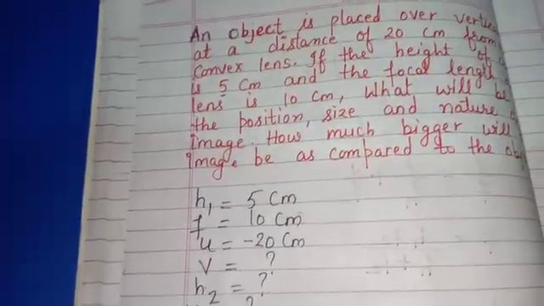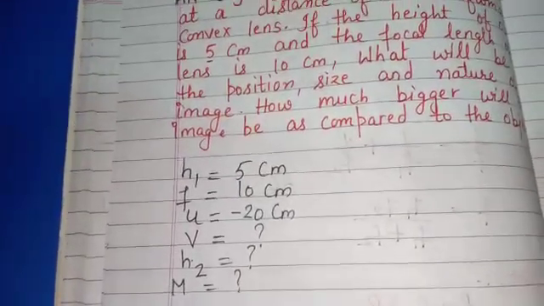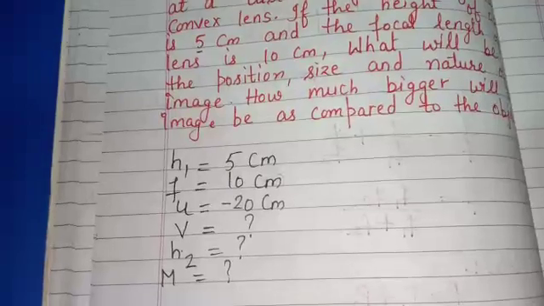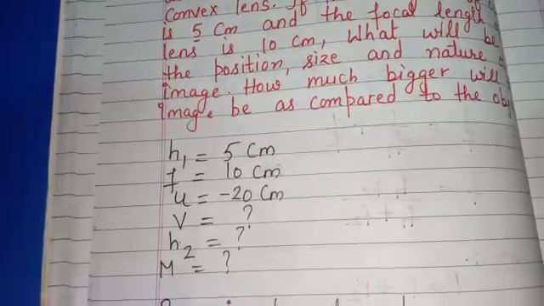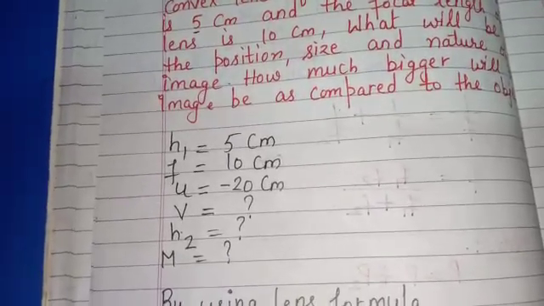See, H1 is 5, given in the question. F is 10, the focal length of the lens. U is minus 20. You have to find the distance of the image, height of the image and magnification.